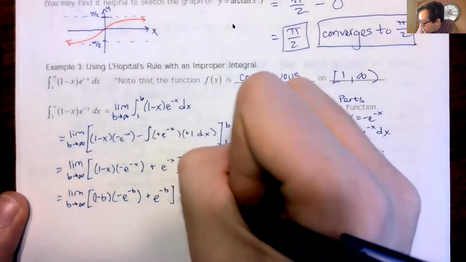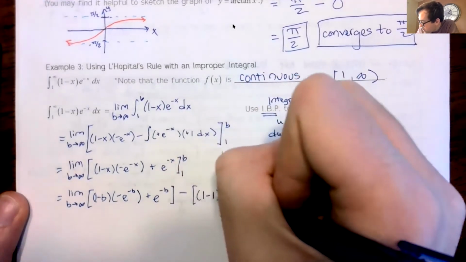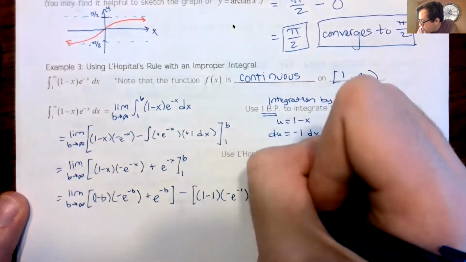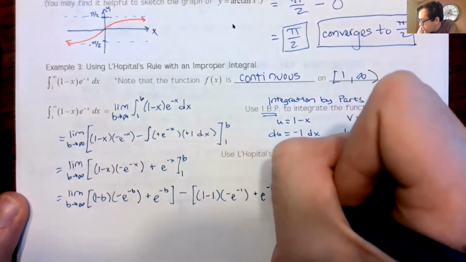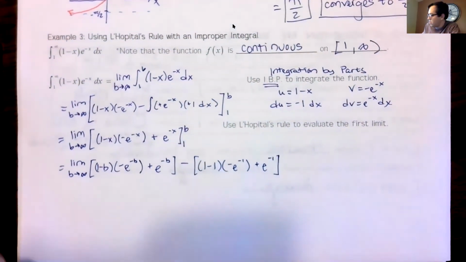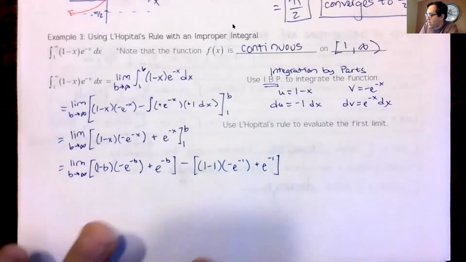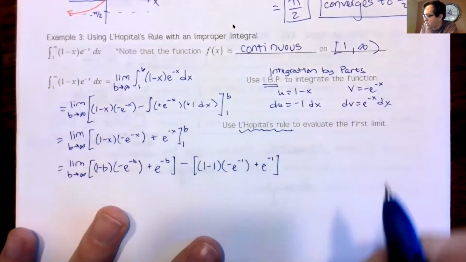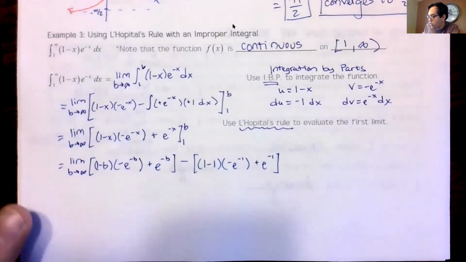So we'll have 1 minus 1 times negative e to the negative 1 plus e to the negative 1. And notice that we are now told to use L'Hopital's rule, which we'll get to in a second.